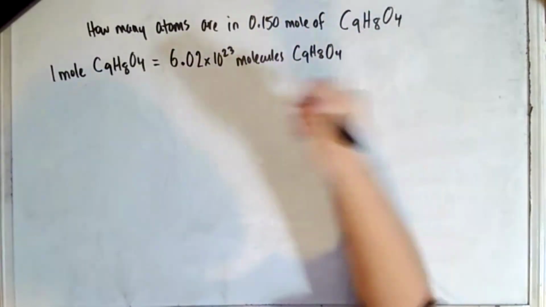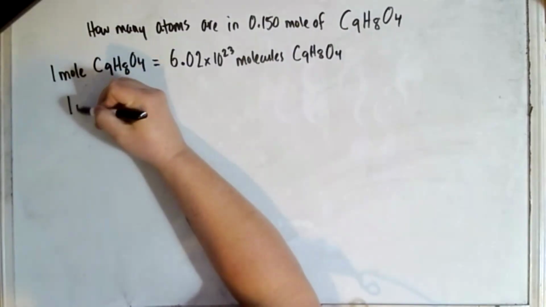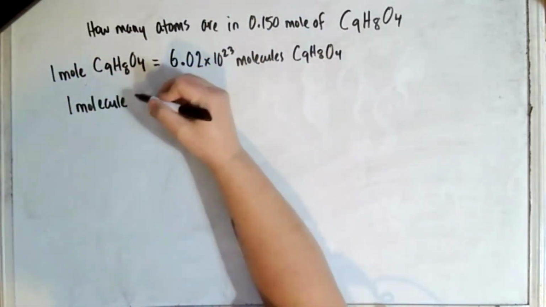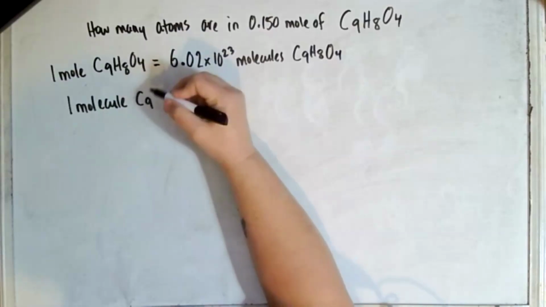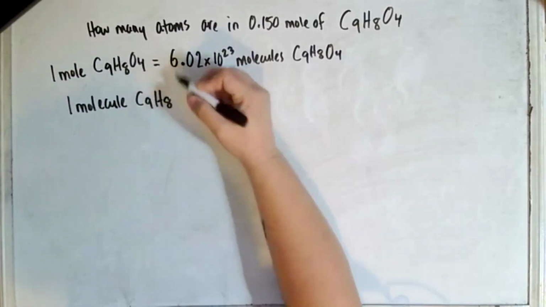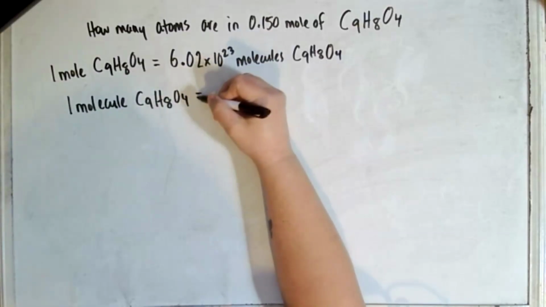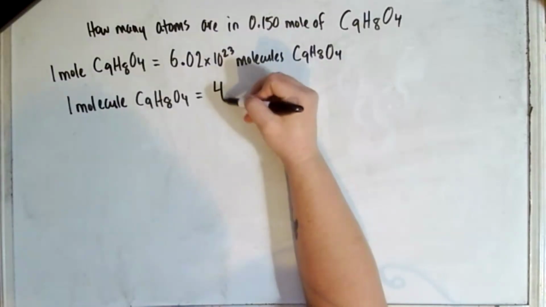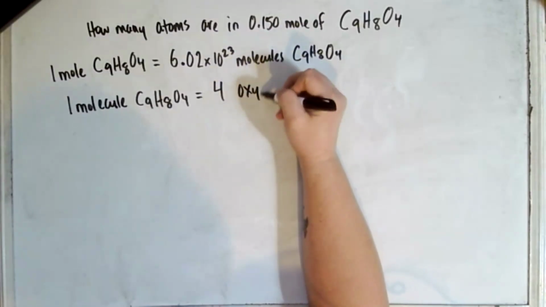Or our aspirin molecule. So if we have 1 molecule of aspirin, we know that every one of these molecules of aspirin is going to have 4 oxygen atoms.